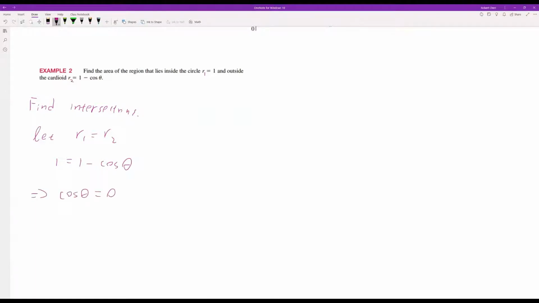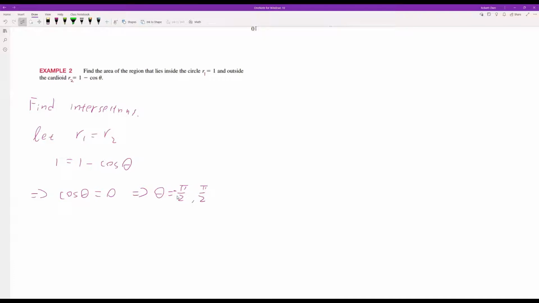Cosine is 0 at negative pi over 2 and pi over 2, or 3 pi over 2, depends on what you're feeling, right? But the question is, do we take from negative pi over 2 to pi over 2, or from pi over 2 to 3 pi over 2, right?